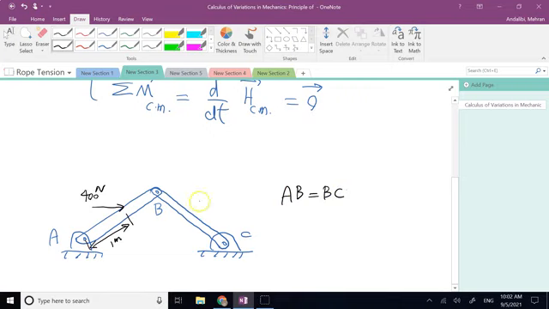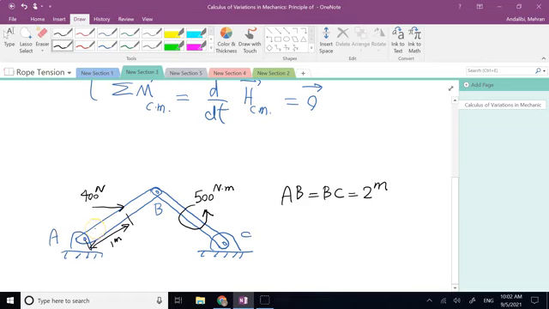I also have a couple applied to member BC, and this couple is 500 Newton meter. So this is my truss. And for the sake of the solution, I assume that both of these are equal to 2 meters, so this force is applied in the middle of the member.